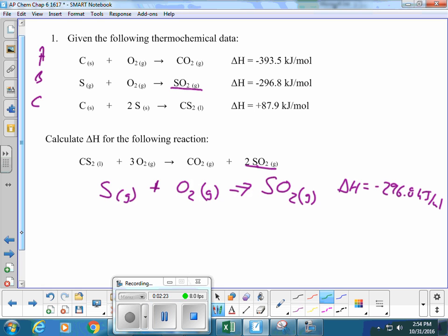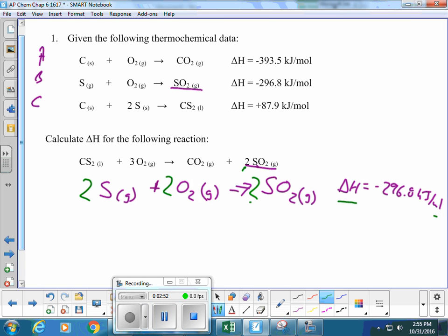Now if you notice, in the equation I'm trying to solve for, there is a 2 right there, which means I need two SO2s. So I'm going to have 2 moles of SO2, but I also have to have 2 moles of oxygen and 2 moles of sulfur. Since I doubled that reaction, this delta H, which is per mole, needs to be doubled as well, since I doubled each of the coefficients.